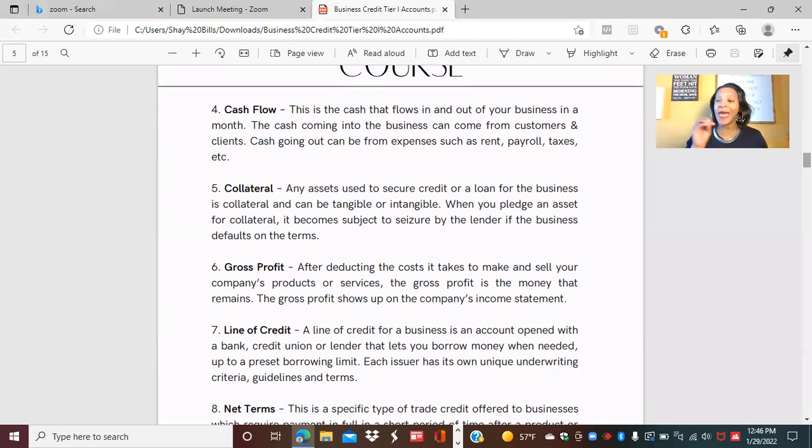So you want to make sure there's activity in your business banking account. Don't just open a business banking account, never use it. Okay, so your business bank account needs to have activity in it.